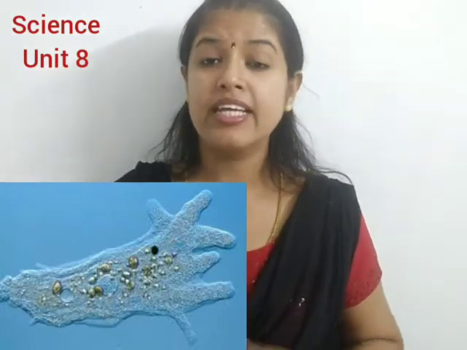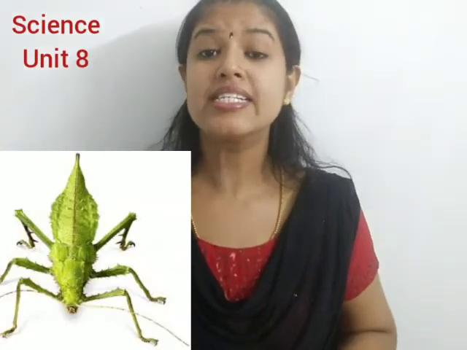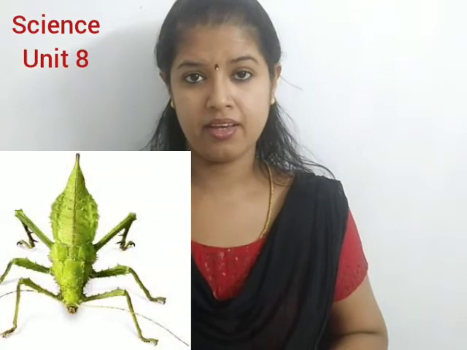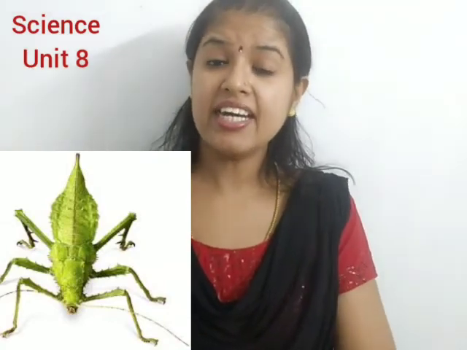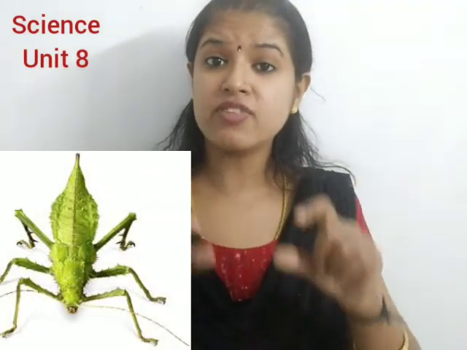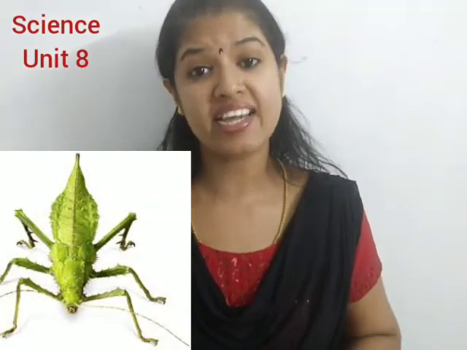Similarly, in insects, on the sides there are some openings called spiracles. The air enters into the spiracles and reaches a network of tubes called trachea.